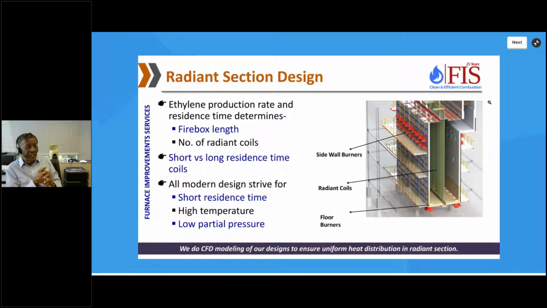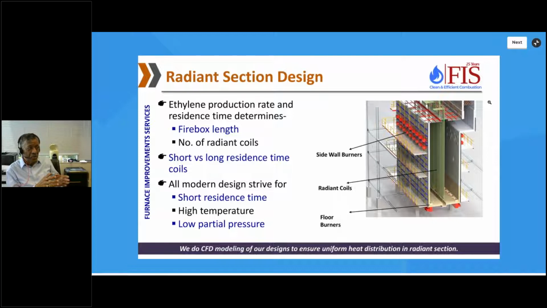So generally, once you know what capacity furnace you are going to be building, you find out the firebox dimensions, how many radiant coils, how many fireboxes you will have. You could be going with the short versus long residence times, although most of the coils are short residence time these days.